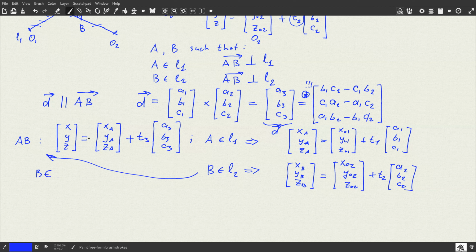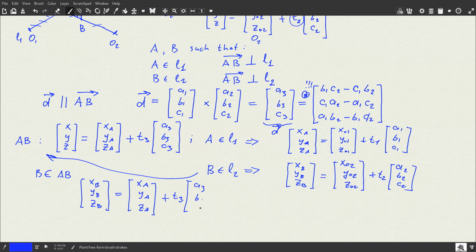And for AB, we already got this type of equation. Therefore, we can say that XB, YB, ZB equals to this XA, YA, ZA plus T3 times A3, B3, C3.